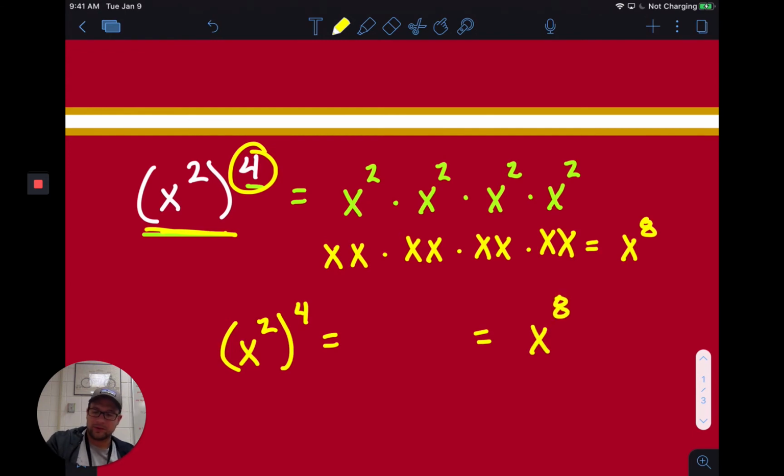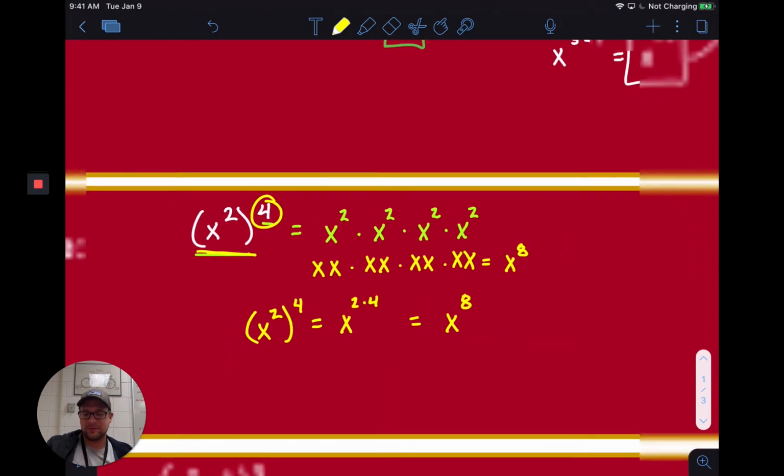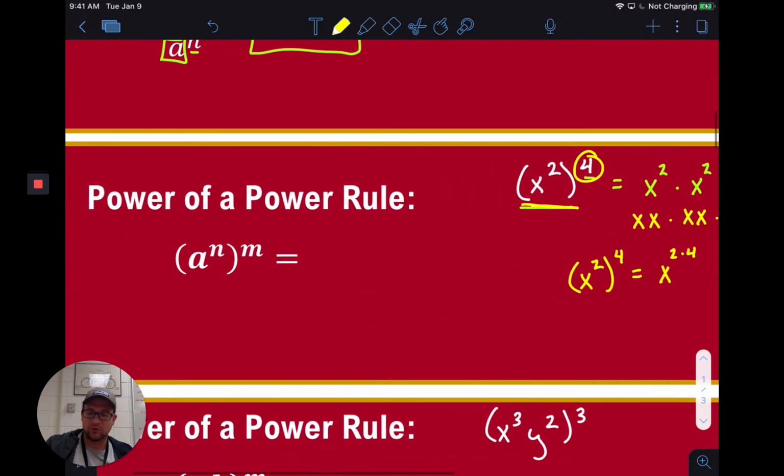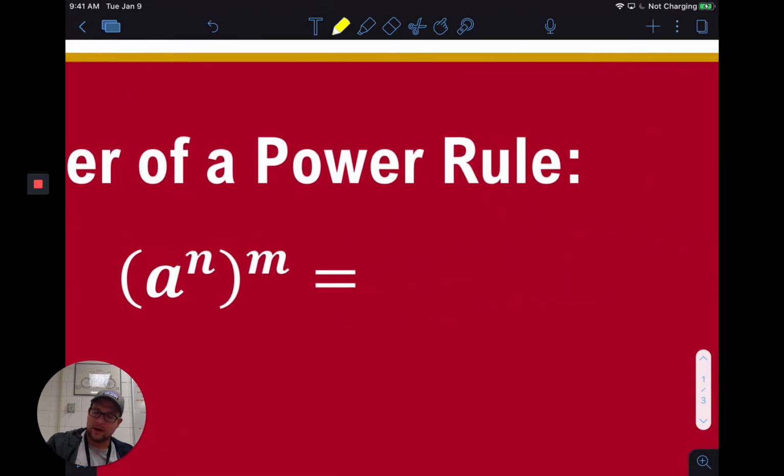Well, we multiplied our exponents together. And that actually becomes our more general rule over here. Whenever I have a power that's raised to an exponent, we multiply the exponents together. And that will give us our final answer.